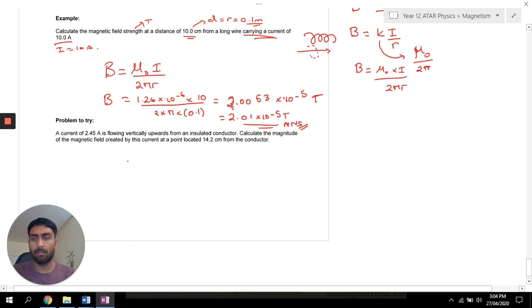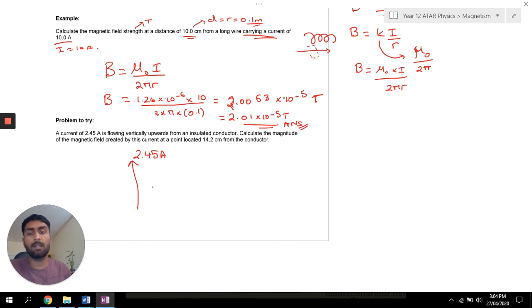Okay, so a current of 2.45 amps is flowing vertically upwards. This is conventional current, so it's 2.45 amps flowing upwards. Just going through my mind, if I use my right-hand thumb rule, this might not even be related to the question, but I know I'm going to have a field going this way. If I draw that via dots and crosses, this is coming up out of the page and this is going into the page.